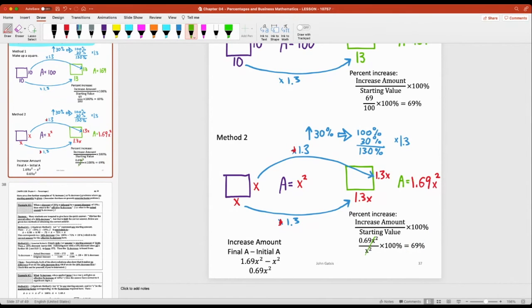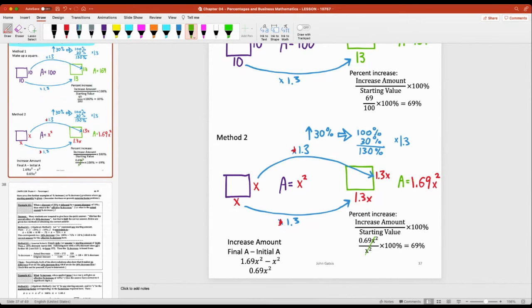So method 2 is a little bit more intimidating because of not using a number for the side length, instead using a variable. However, the reward is that you calculated the percentage without making any assumptions. You have proven it without making any unnecessary assumptions.